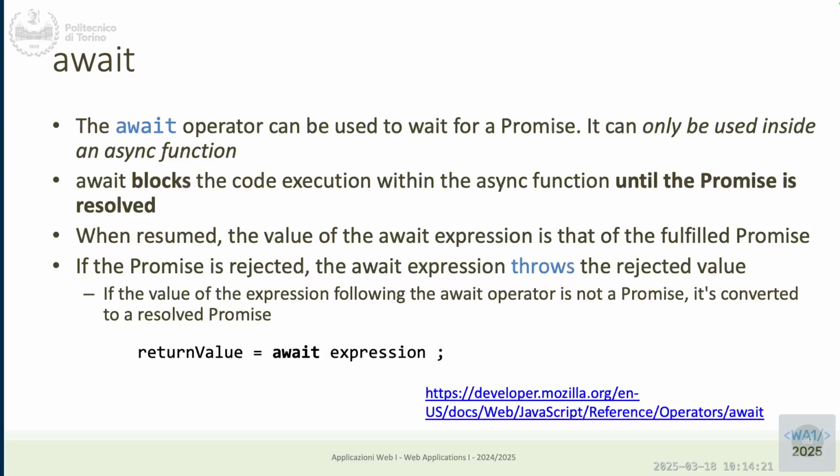Await can only await promises, so you can only use it when you have a call to an async function or to any other function that returns a promise, and it can only be used inside an async function. Since when I write await, I'm blocking the execution and waiting for the promise to resolve or to reject, my function itself, in which I wrote the await statement, automatically becomes asynchronous.